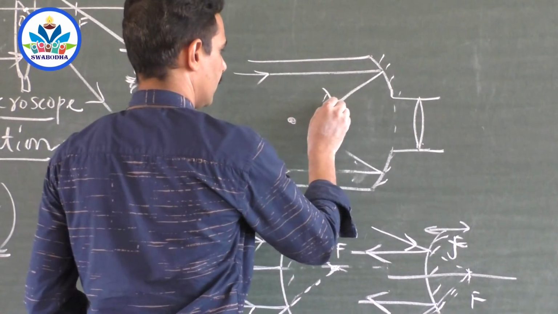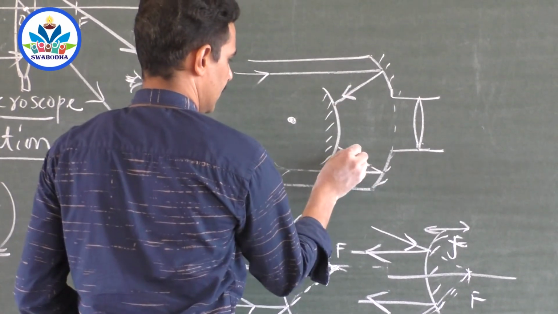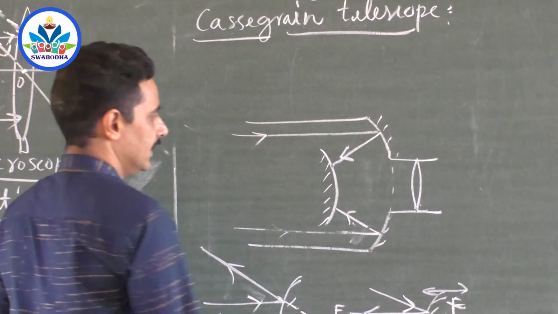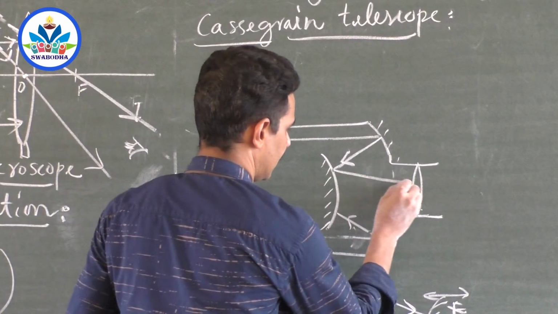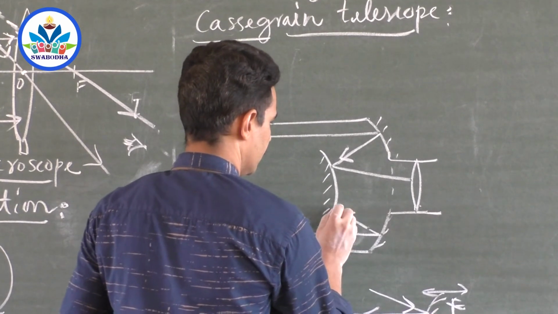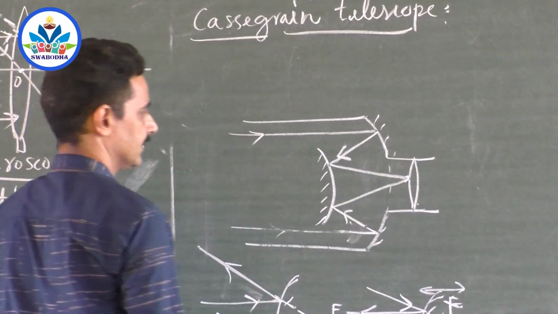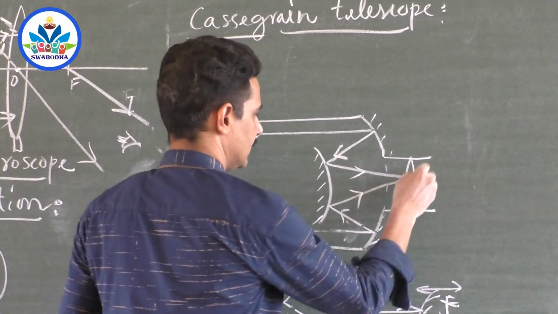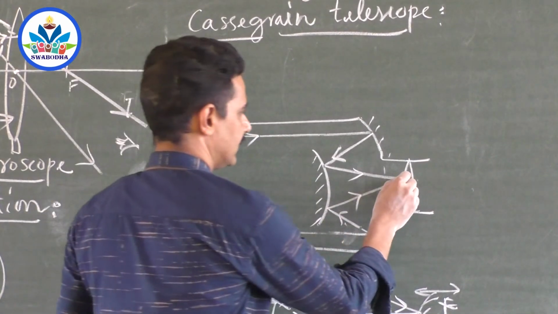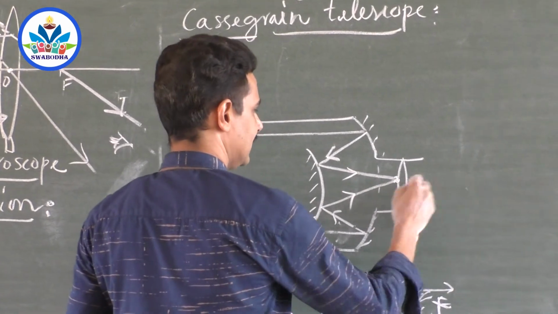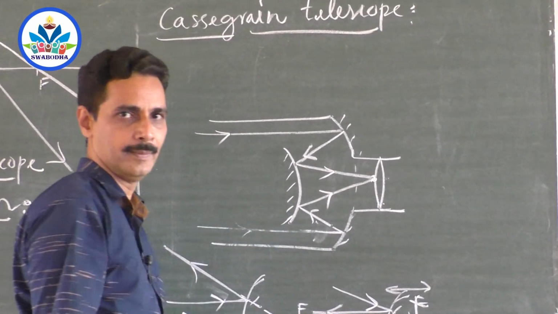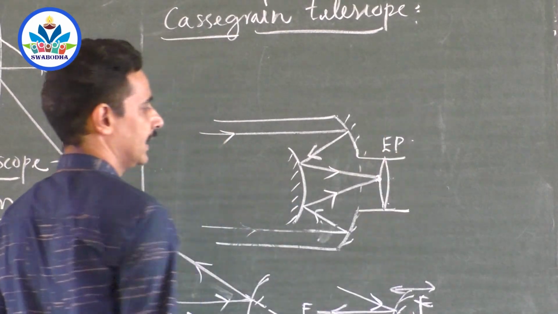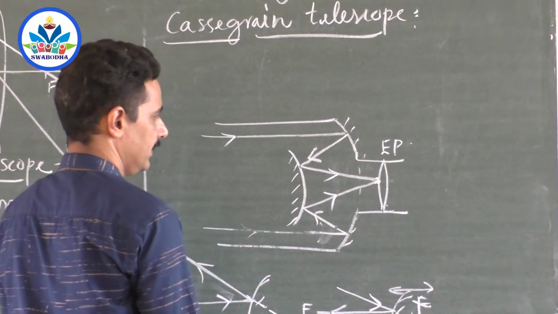If I place a convex mirror like this and don't adjust this distance as the focal length, they get reflected and meet here, and they pass through this lens and you will get the final image. The later part is not shown here. The eyepiece here is another lens, and finally they form the image here.